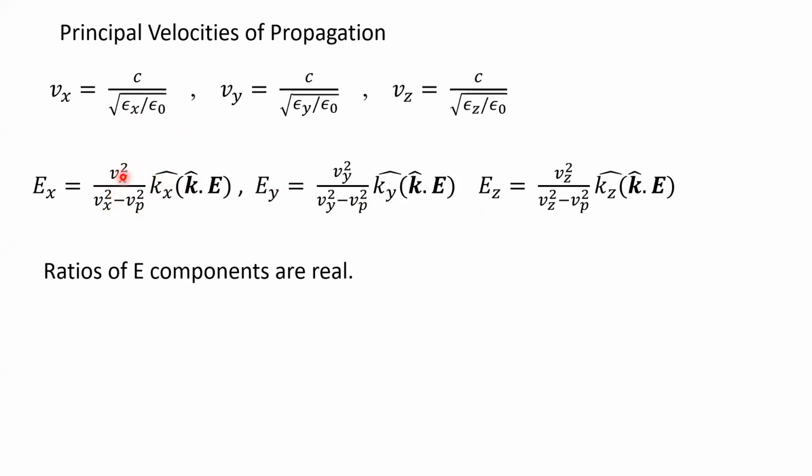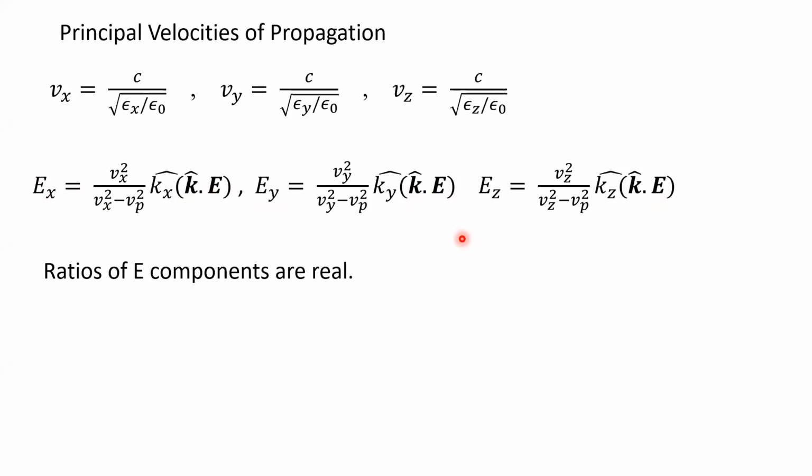Vx square is a real quantity, and the others are also real. Only the complex part was sitting in the K dot E factor. But when you take the ratio, that complex part cancels out. So the ratios of the different components of E, Ex by Ey, Ex by Ez, Ey by Ez, all three ratios are real.